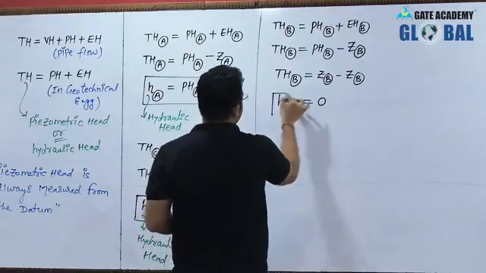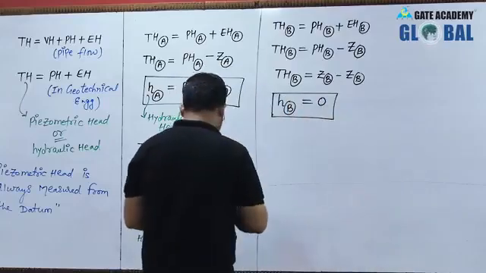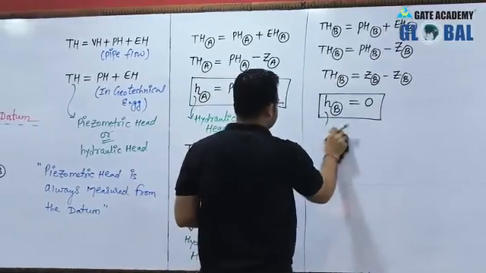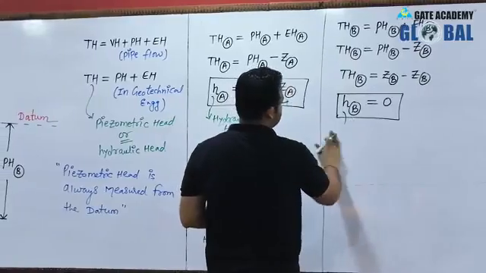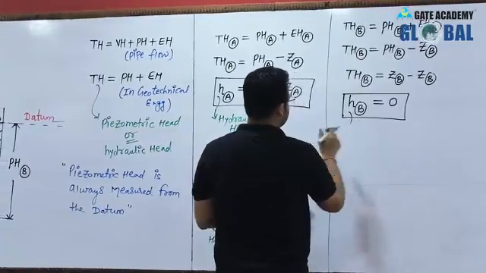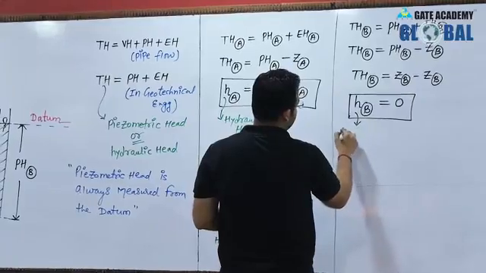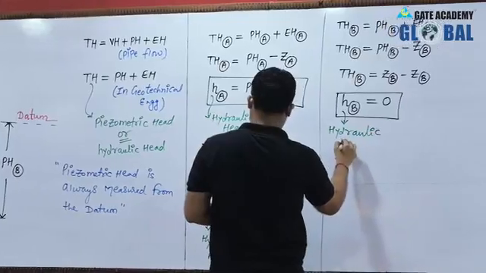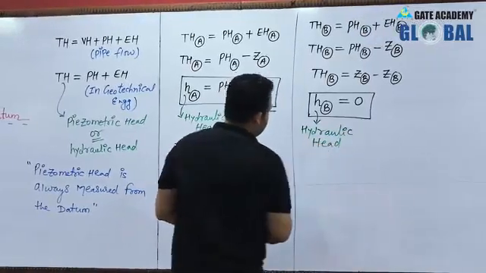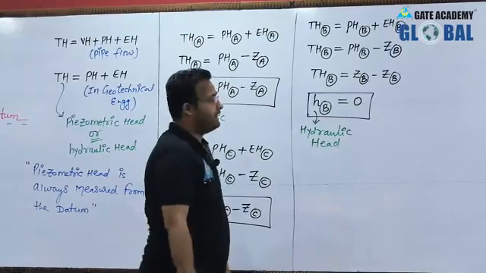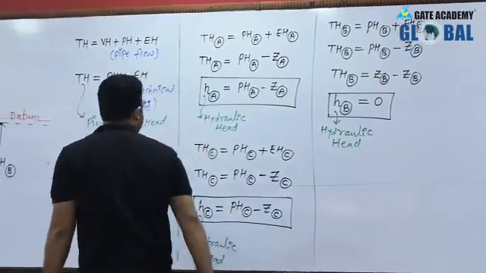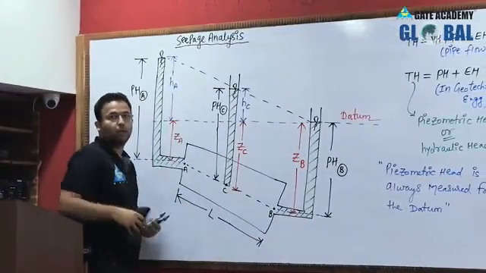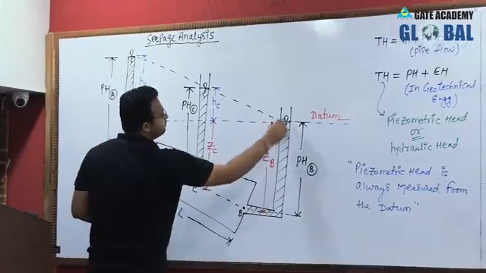Okay, so this is your hydraulic head at B. It means we are measuring the energy with respect to this point.